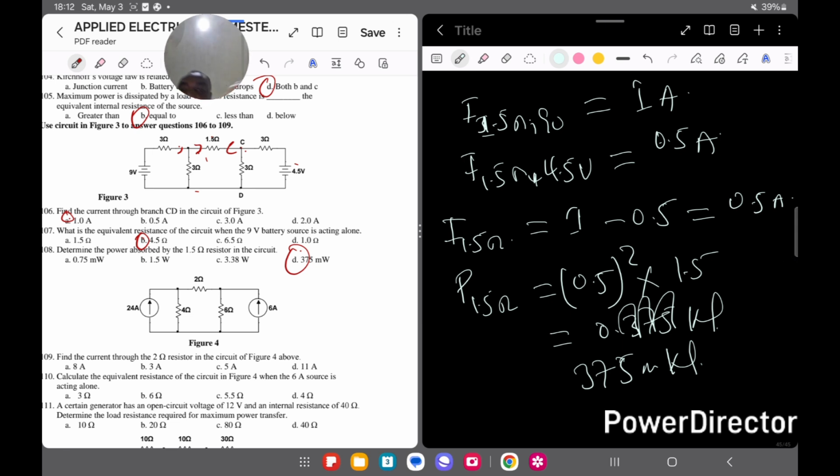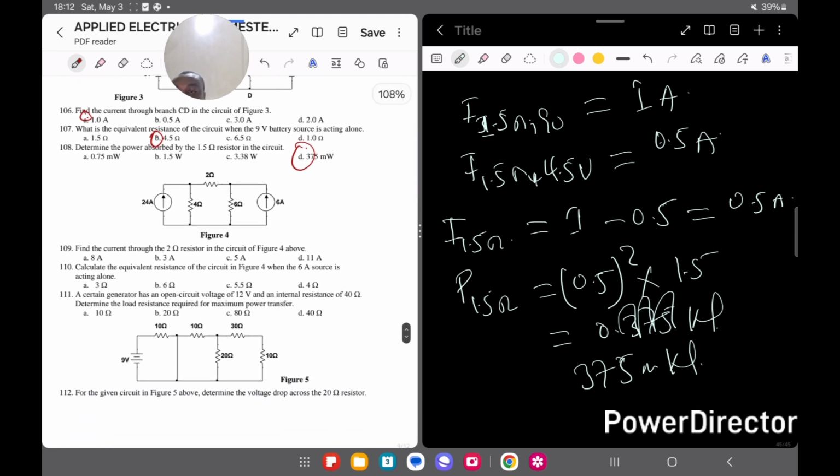Now moving to question 109. Find the current through the 2 ohms resistor in the circuit of figure 4 above. So here we are to find the current which is passing through the 2 ohms resistor.